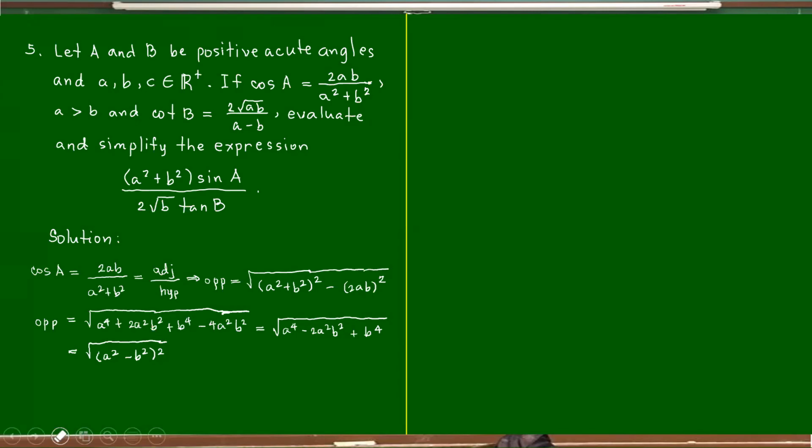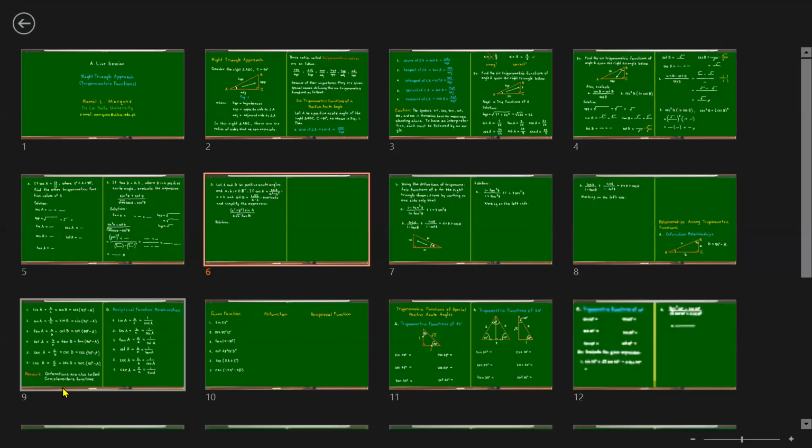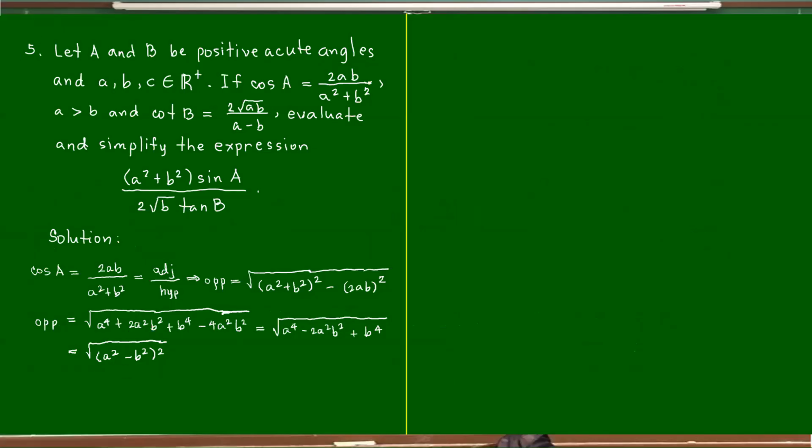Okay, this is equal to the absolute value of A squared minus B squared. But since A is greater than B, we are sure that A squared is greater than B squared, right? So we can just write A squared minus B squared, because A squared is always greater than B squared since A is greater than B.